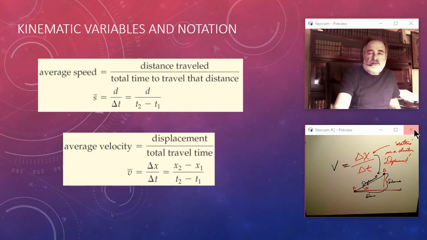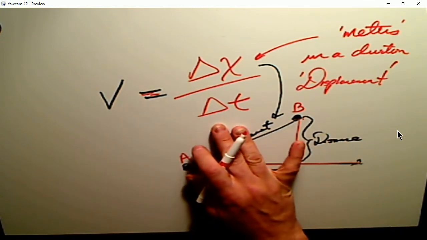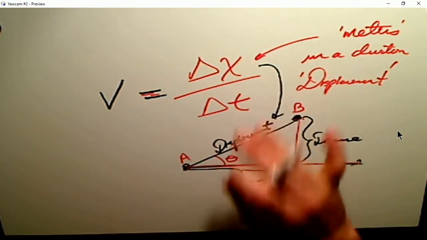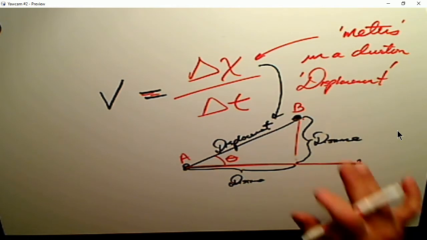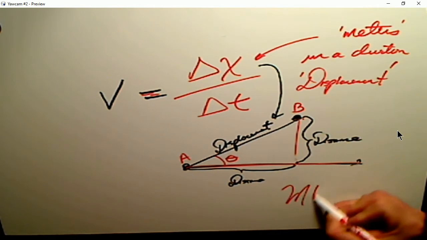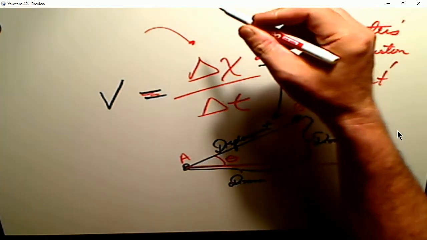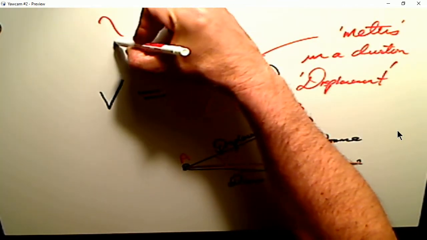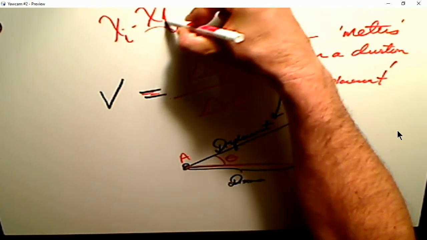So let me review that again. If I'm talking about velocity, this change in displacement over time, and the units for that are meters per second, it is a displacement from point A to B. And we could use this notation, from x initial to x final.